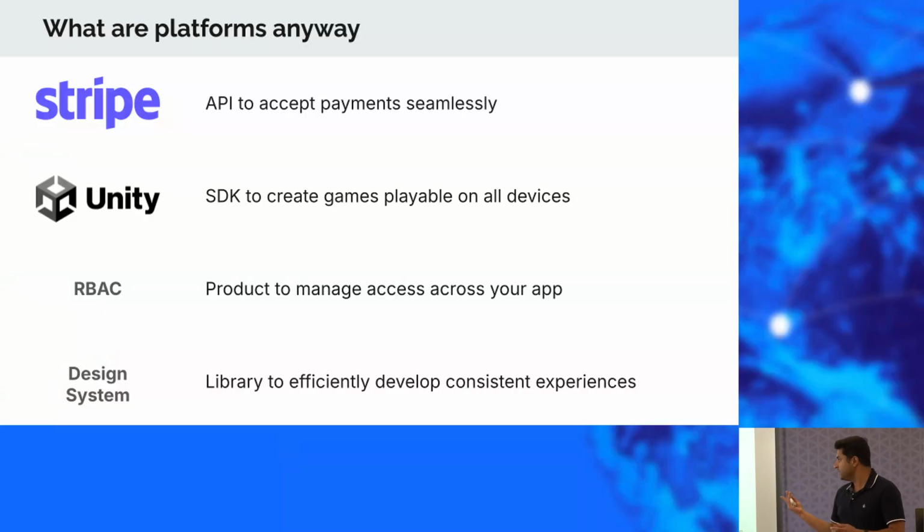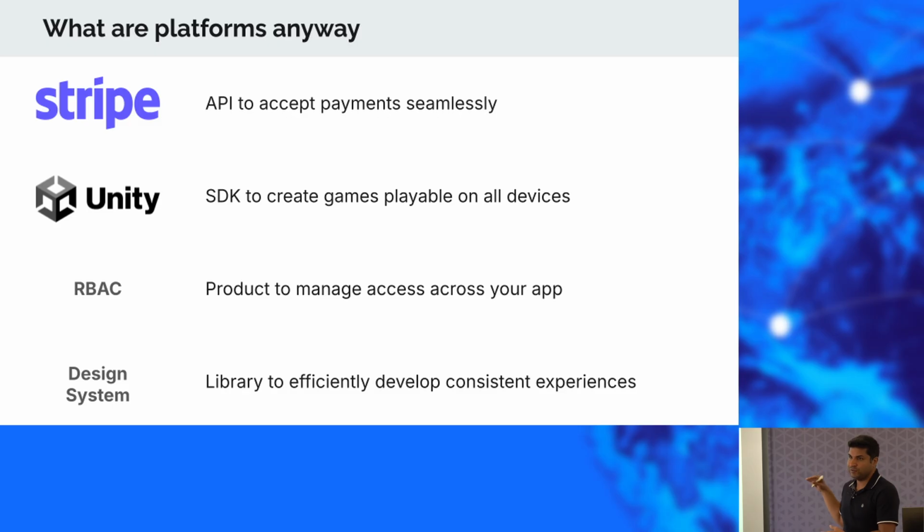The last one is design system. Anyone else familiar with this? Yeah, so generally, a design system is a library that allows developers, designers, and PMs to efficiently develop and ship consistent experiences. You can, again, think about this as a building block that allows product builders to ship consistent experiences fast without having to reinvent the wheel.